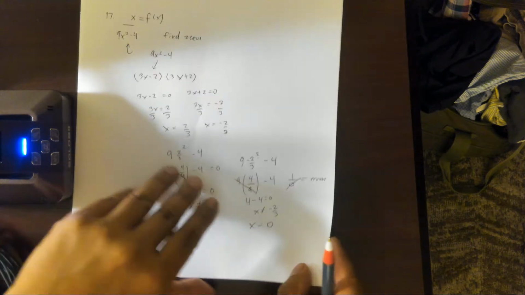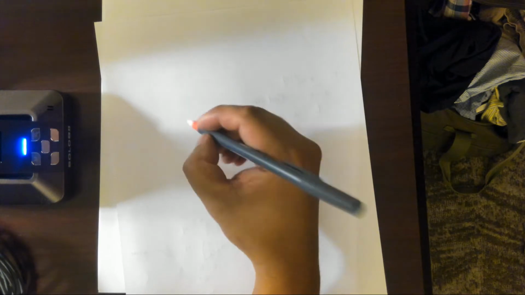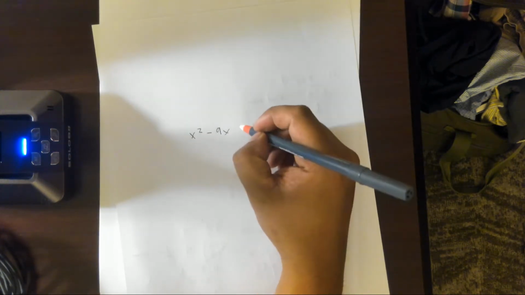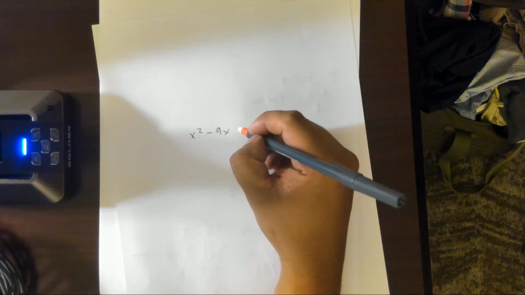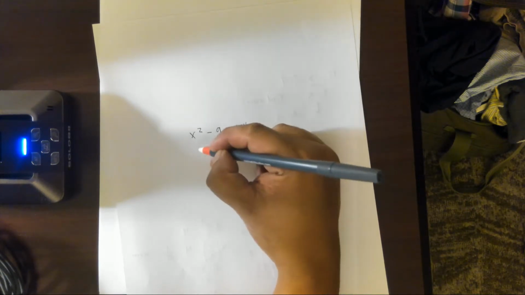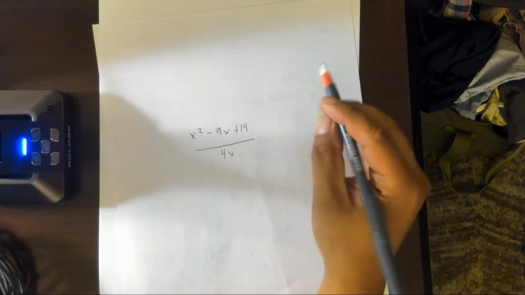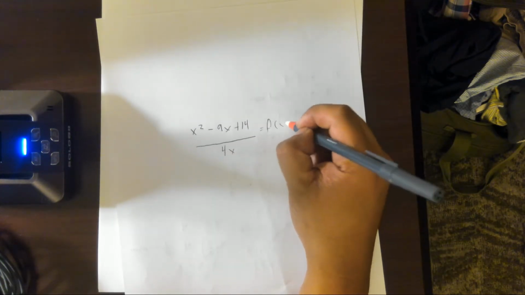Moving on to the next problem. x squared minus 9x plus 14, divided by 4x, equals f of x.